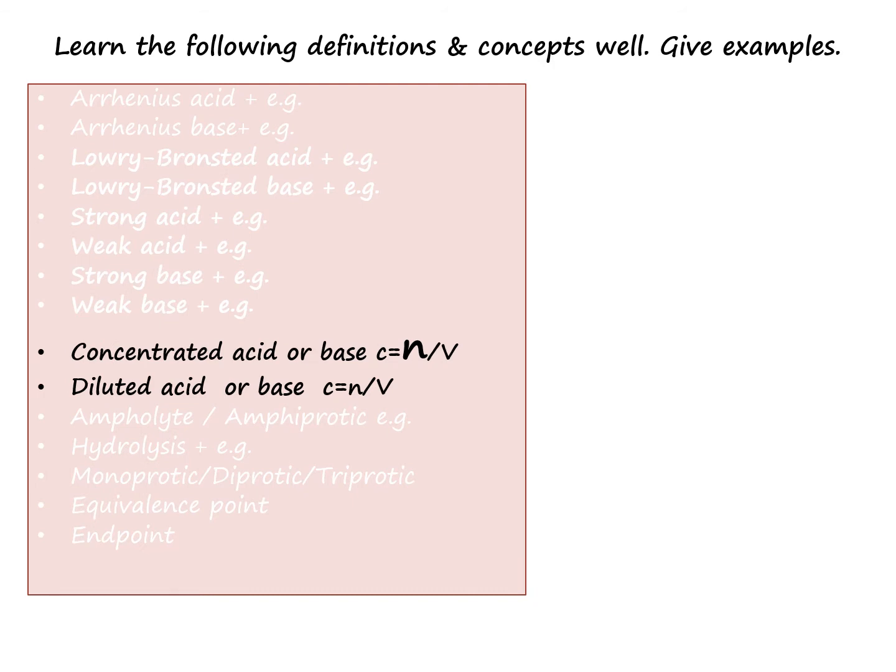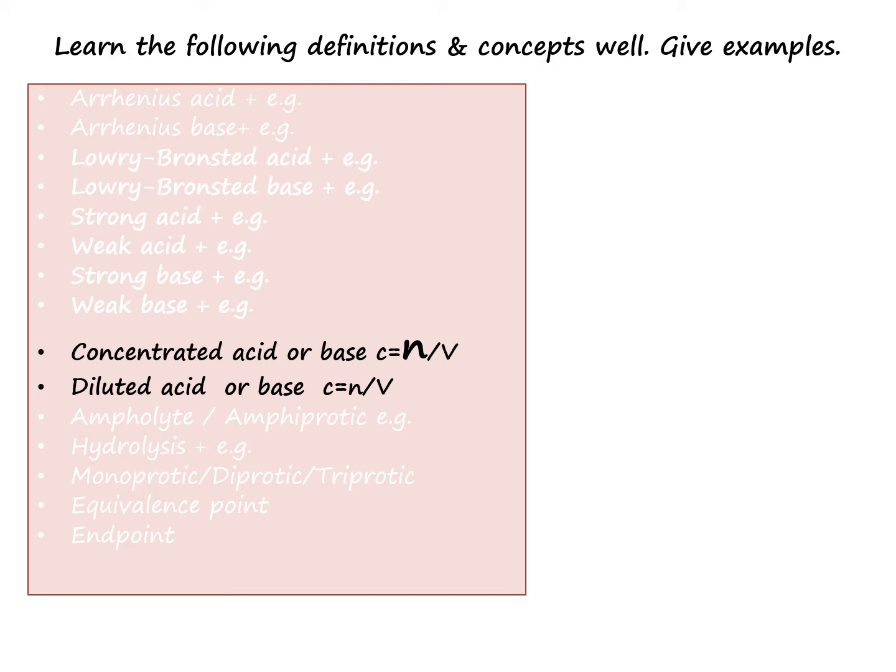A concentrated acid or base contains a large amount of acid or base in proportion to the volume of water. You can also say a concentrated acid or base contains a large number of moles of acid or base in proportion to the volume of water.